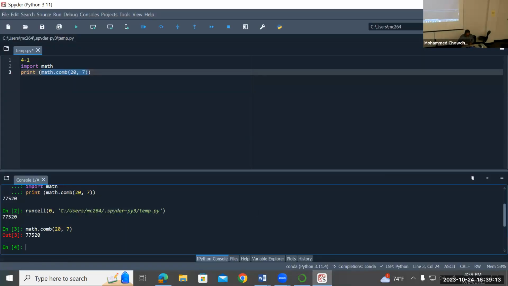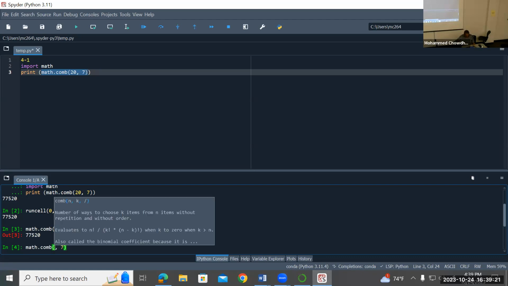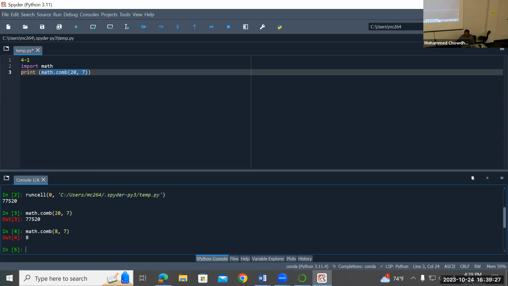If you write here 8 and then hit enter, see, 8.